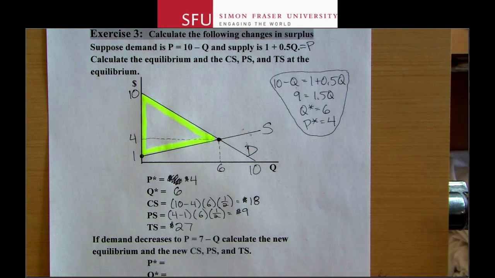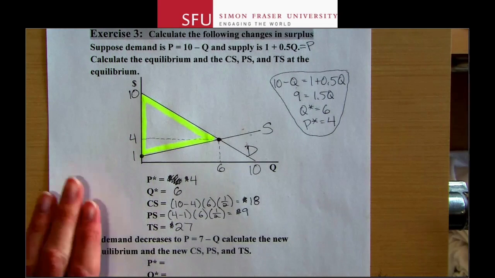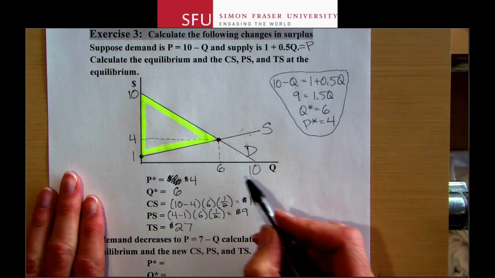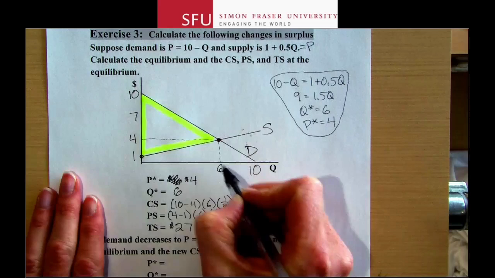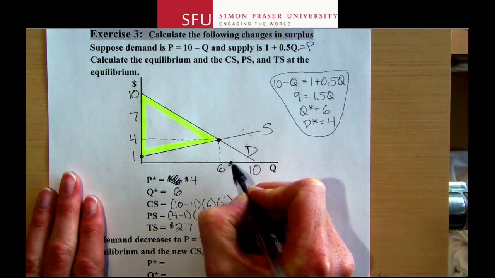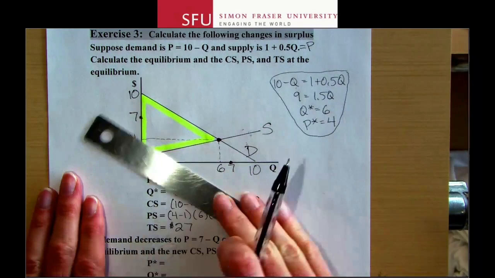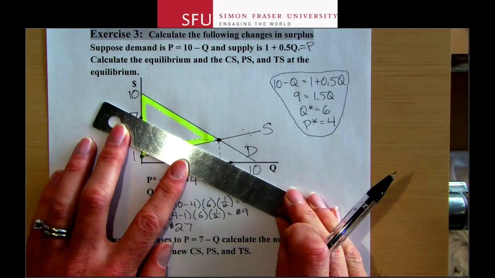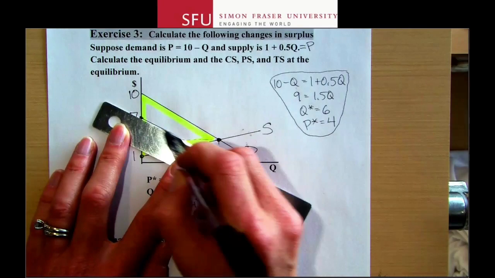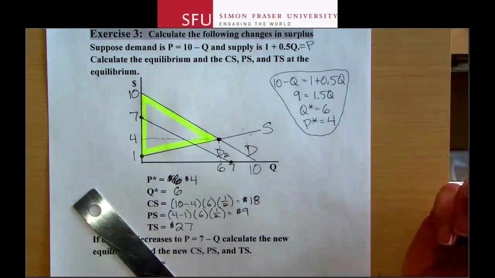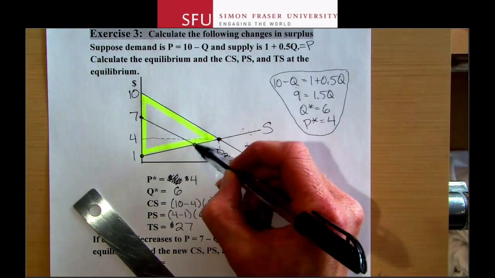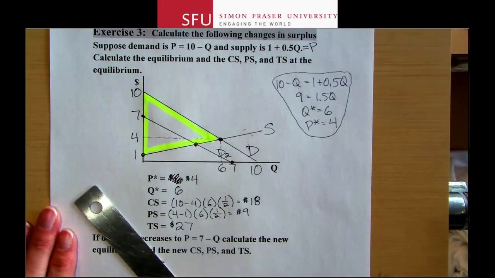Okay, now demand decreases to P equals 7 minus Q. Okay, P equals 7 minus Q. All right, so that means it will go from 7 to 7. Okay, so we'll show the new demand curve. And what we need to do is calculate the new equilibrium first.